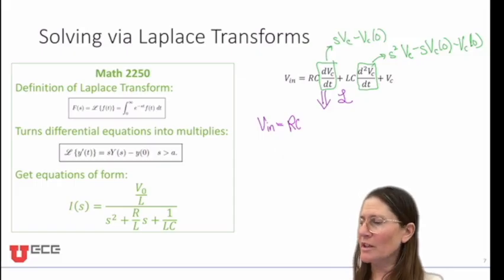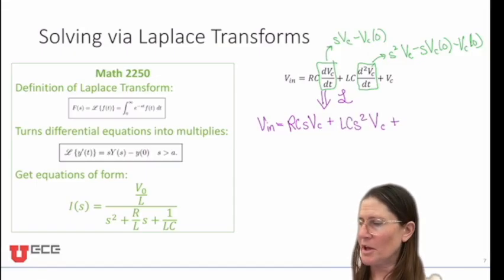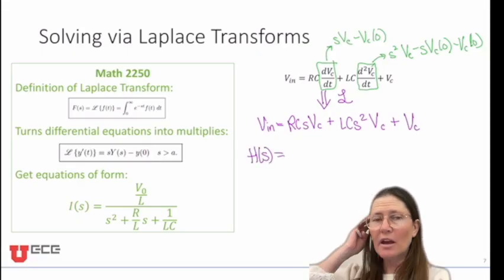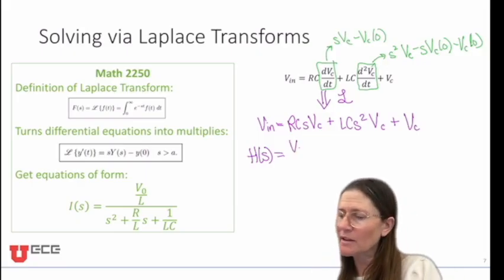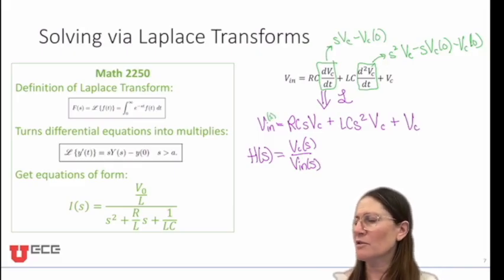So ignoring the initial conditions and writing this, we get just sRC VC plus LC s squared VC plus VC. And remember, our Bode plots, the output in this case would be VC of s and then Vin of s. And these are all in terms of s.